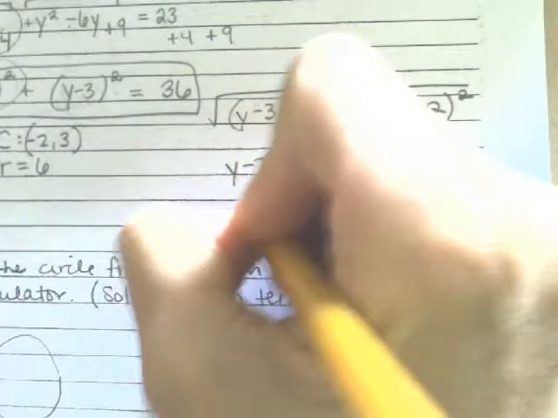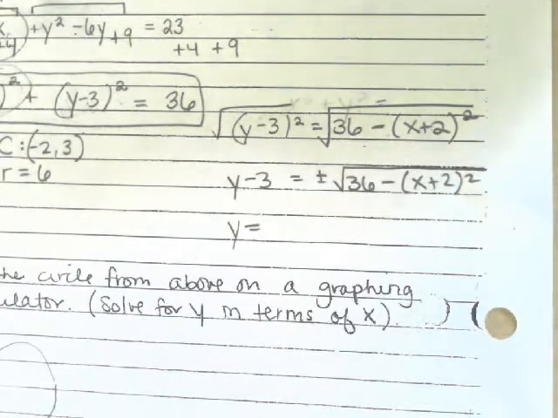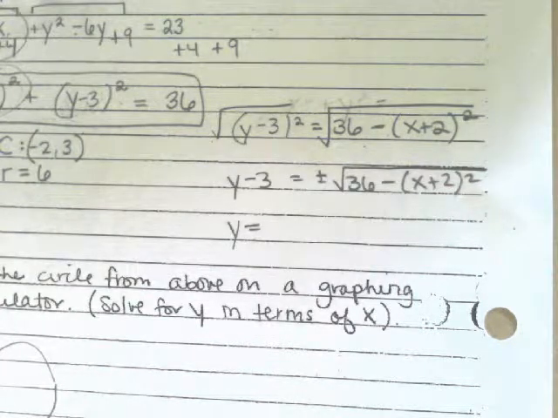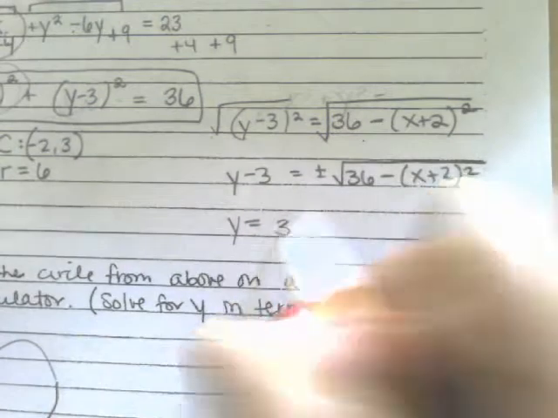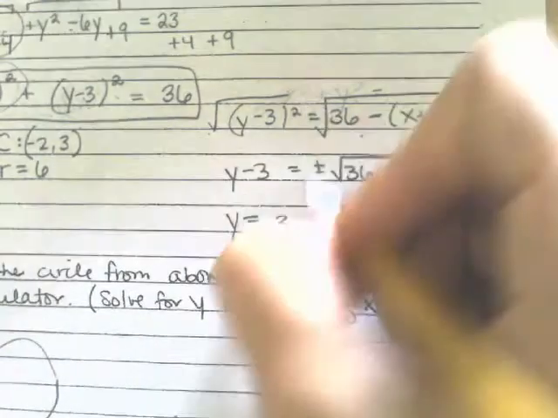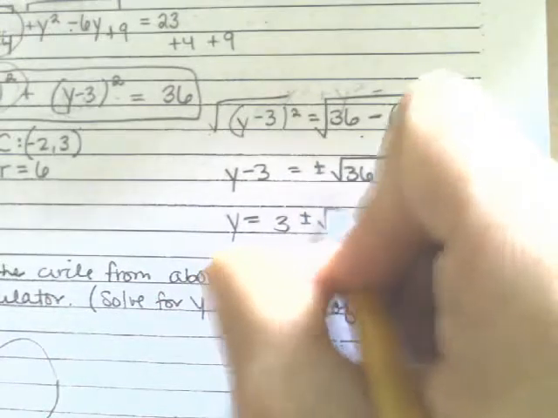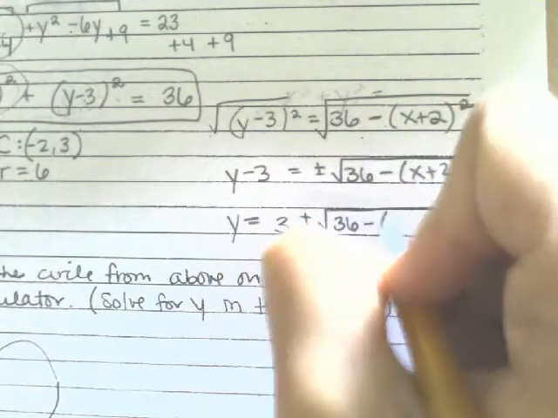And then, Kristen, add your 3 over. So kind of like you would do in the format for the quadratic formula, when you add your 3 over, you want to usually put that in front of the plus or minus. So your positive 3 plus or minus this whole square root bit.